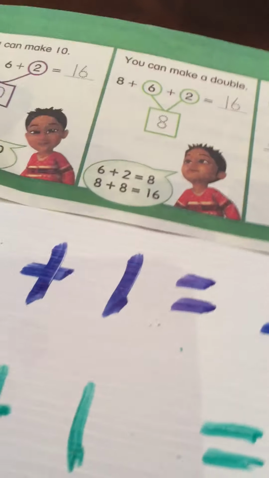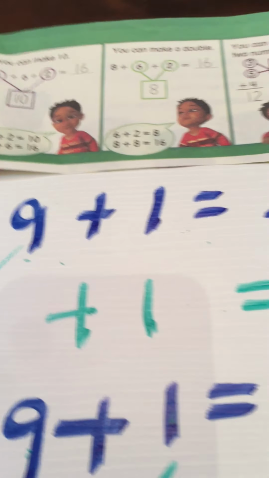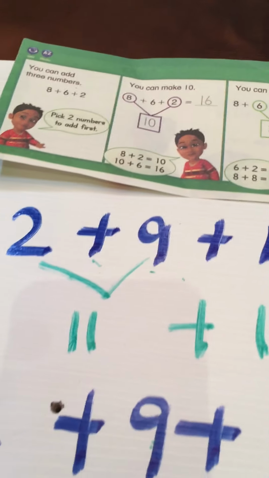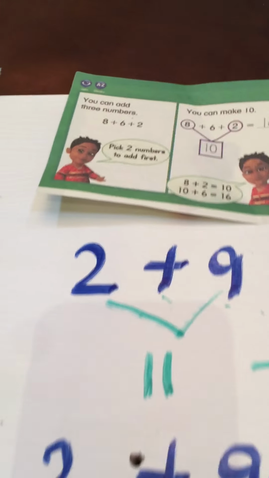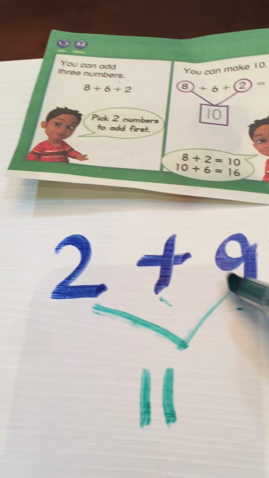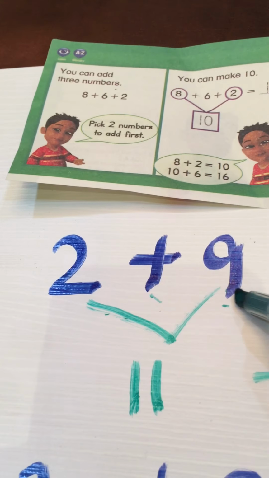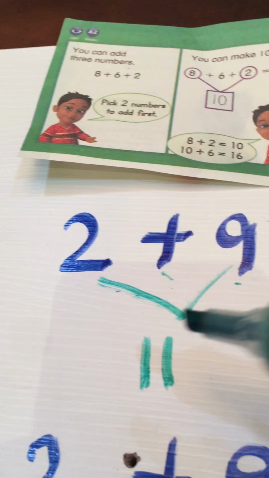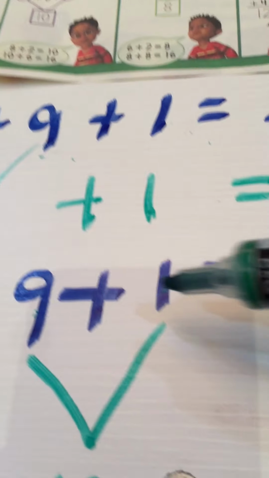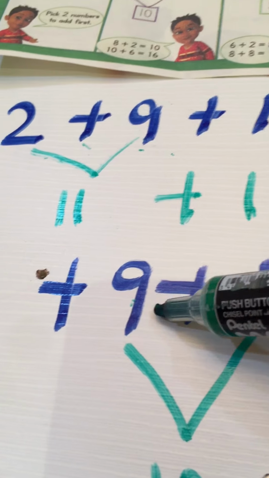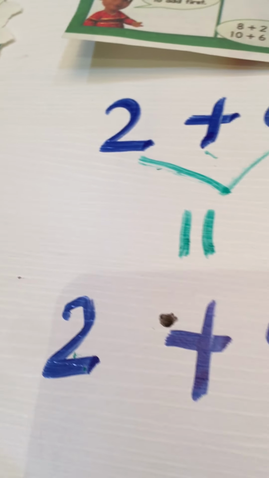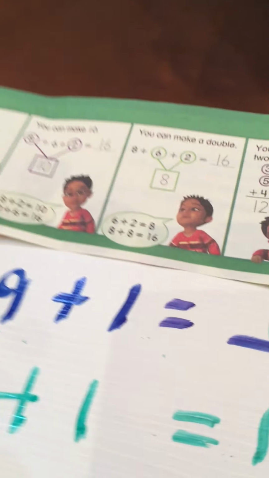If there are no two numbers that can make 10, add the easiest ones. 2 and 9 equal 11, then add the 1. Or make 10, as I said, and then add the third number to find the answer.